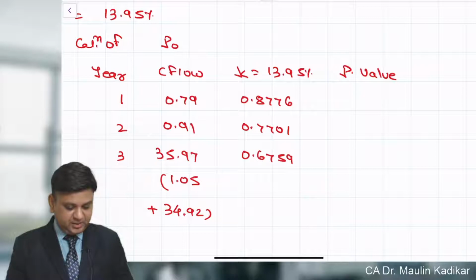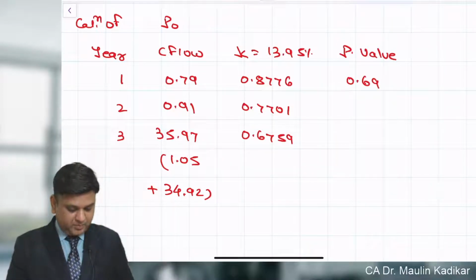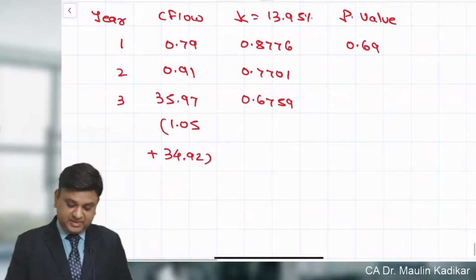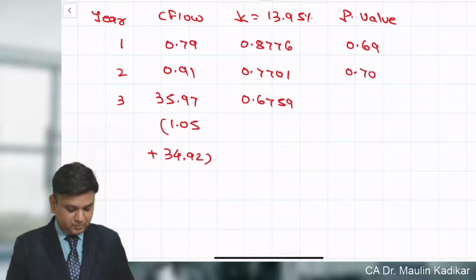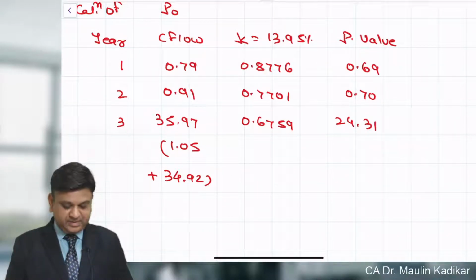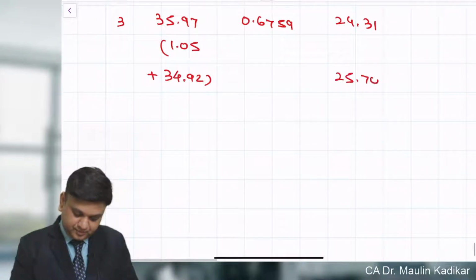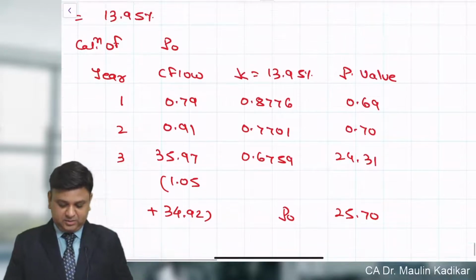Then 0.79 into 0.8776 comes to 69 paise. 0.91 into 0.7701 comes to 70 paise. 35.97 into 0.6759 is 24.31. So the overall total is 69 paise plus 70 paise plus 24.31. That comes to 25.7. That is the way P0 can be calculated. Write down the answer.